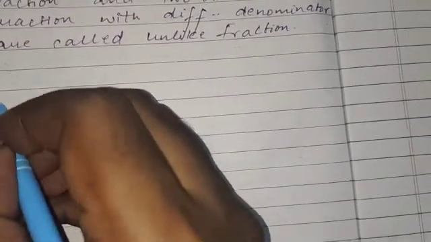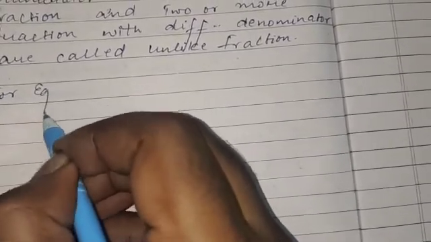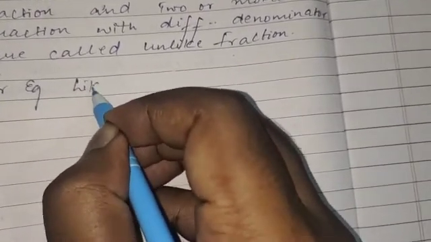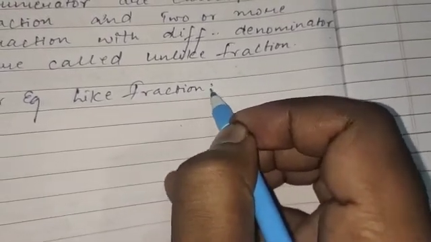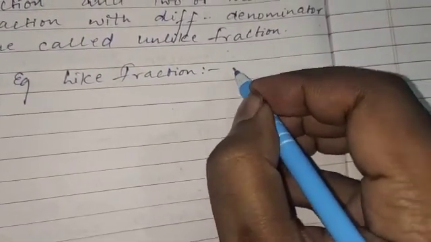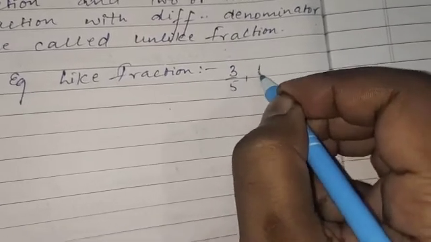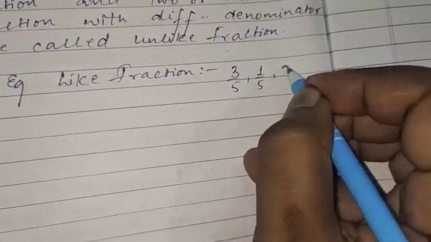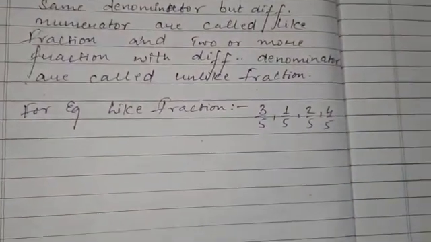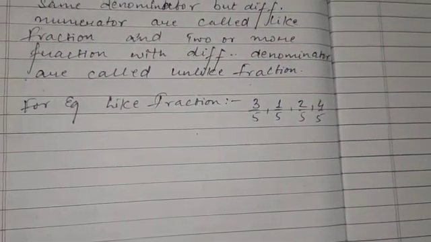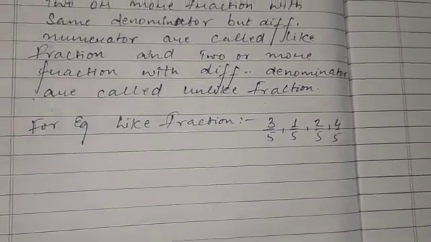Let's see an example. For like fractions, they are 3 by 5, 1 by 5, 2 by 5, 4 by 5. Clear? Here you are seeing that the denominator is the same but the numerator is different.